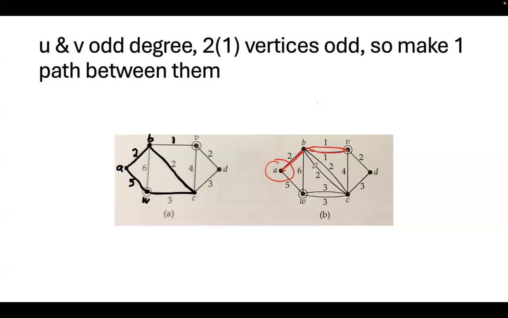And then 6 or 2, we take 2. 3, 4, maybe take 3, and then now we go back to 2 and down 4. So just doing Fleury's algorithm to find that trail. And then from here, we could either go to W and back or go back to B. We've got options.